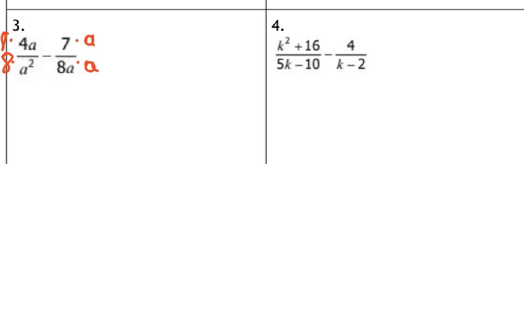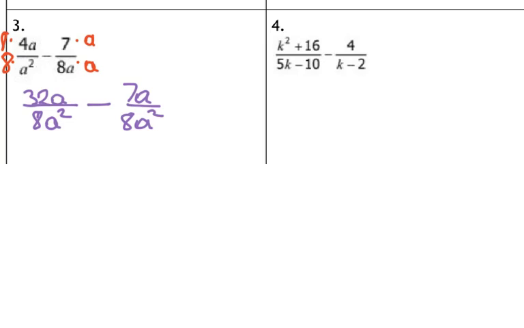So now I'm going to have 32a over 8a squared minus 7a over 8a squared. Since now I have the common denominator, I can subtract numerators.